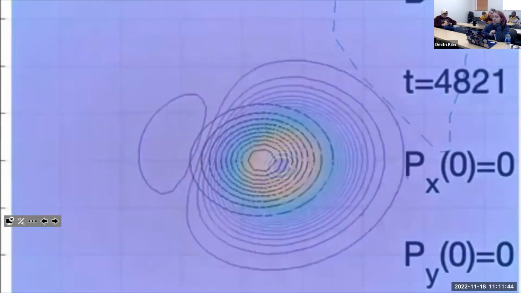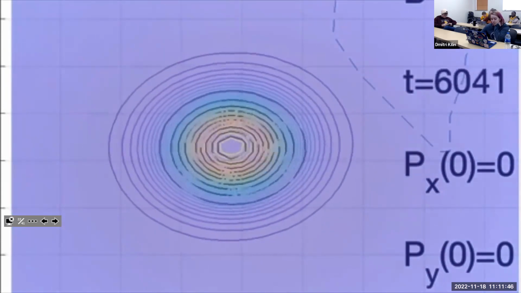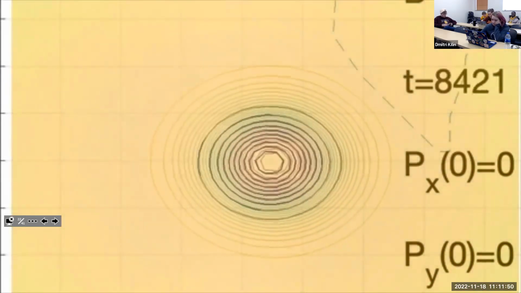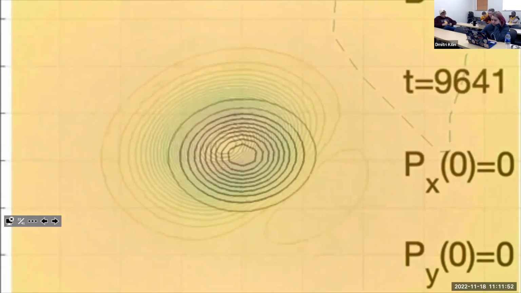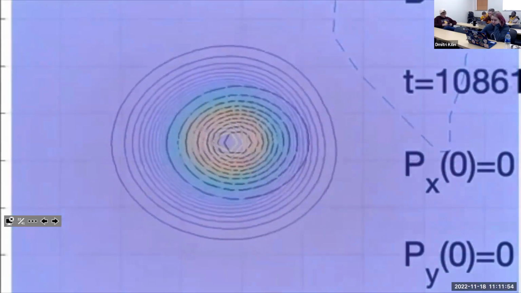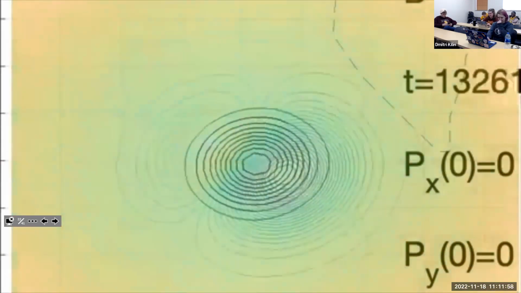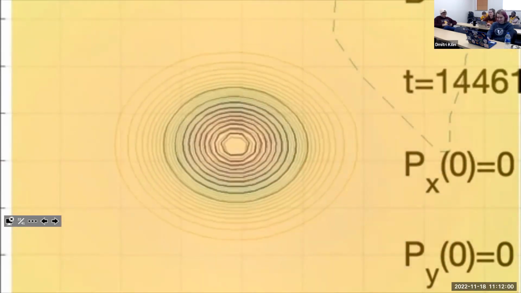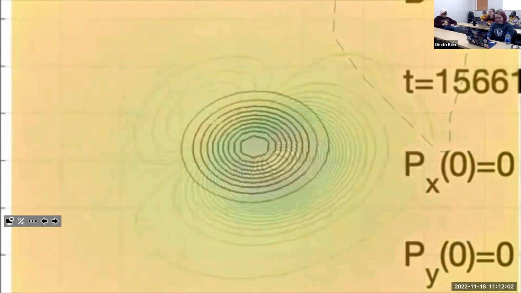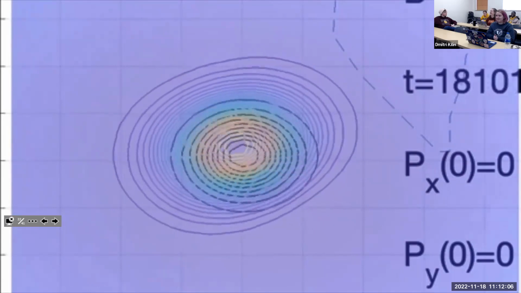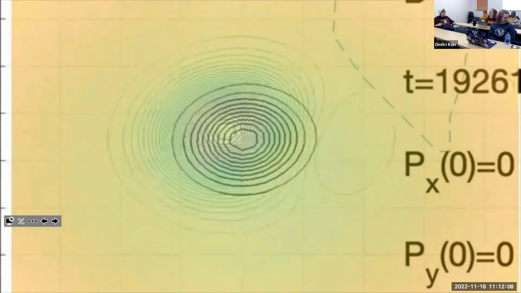If you have a one-dimensional wave packet, what do fringes mean? Fringes. Fringes are a signature of what?